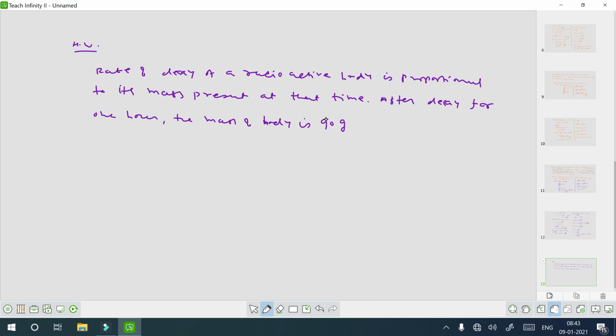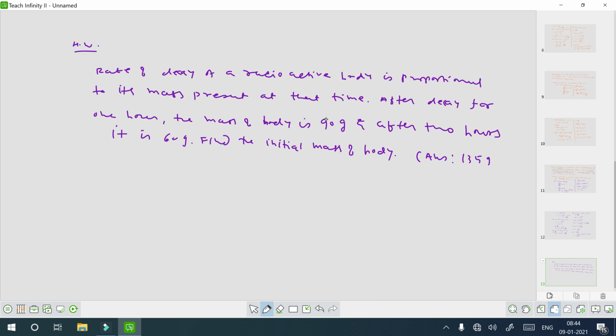And after 2 hours, it is 60 gram. Find the initial mass of body. I am giving the answer, friends. It comes out 130 gram. Clear? Yes. There is still one more sum, we will take that in the next lecture.